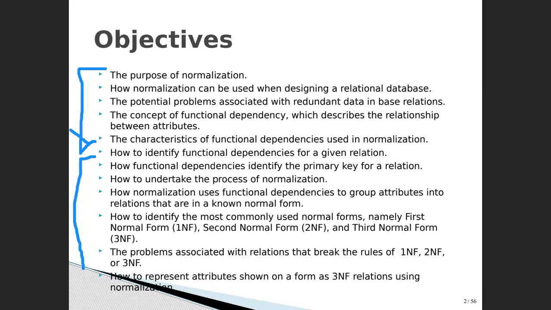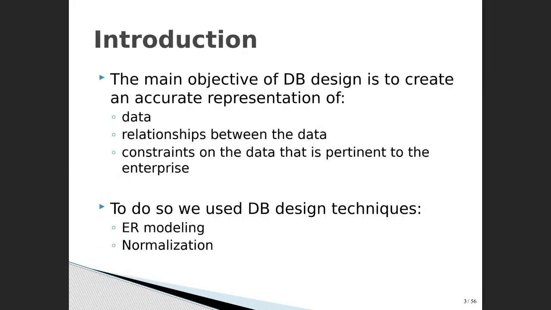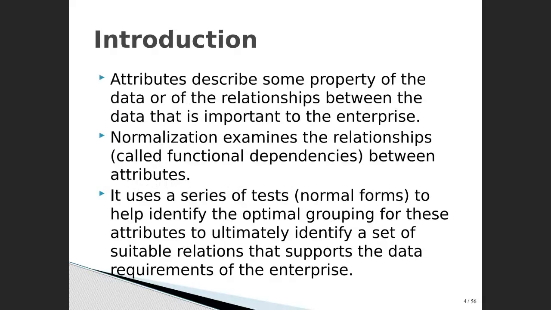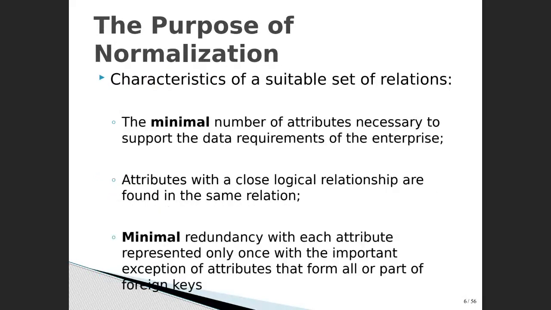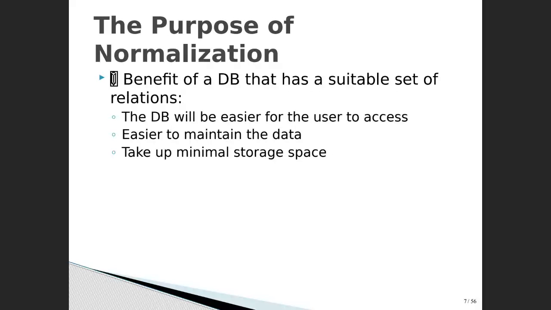Now, in order to get the relations normalized, we need to understand the concept of functional dependencies. As we said, functional dependencies, let me just go back to that slide. Right. So functional dependencies come in three types.